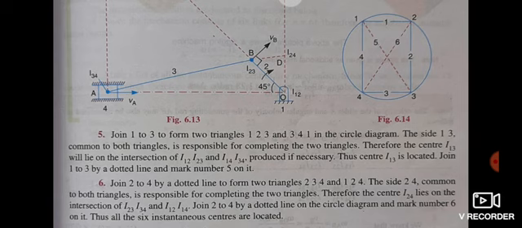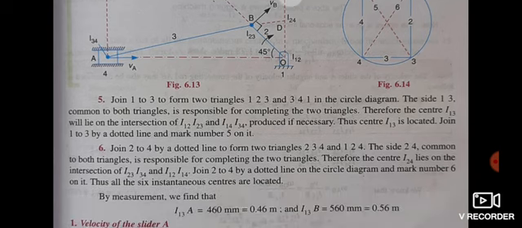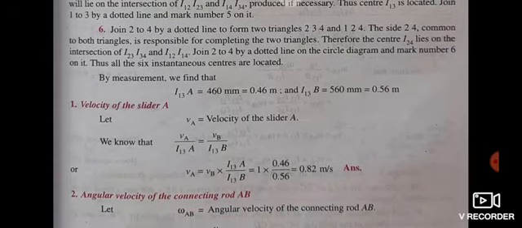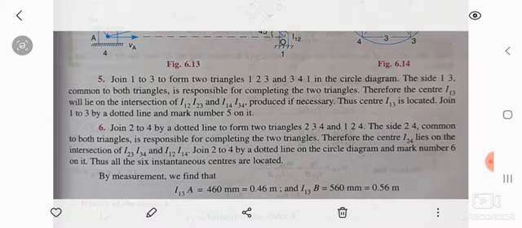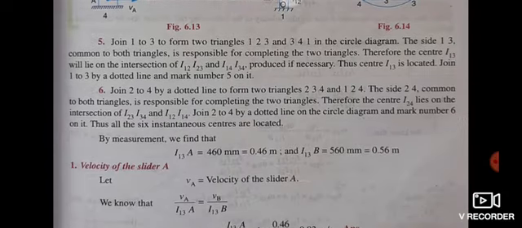Therefore, the center I24 lies on the intersection of I23, I34 and I12, I14. Join 2 to 4 by a dotted line on the circle diagram and mark number 6 on it. Thus, all the 6 instantaneous centers are located.